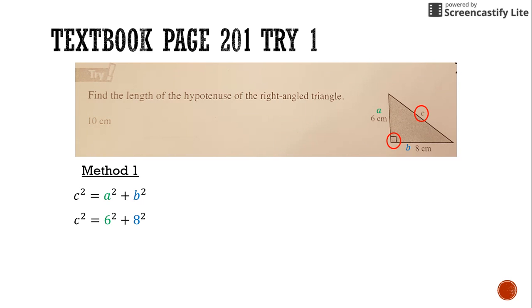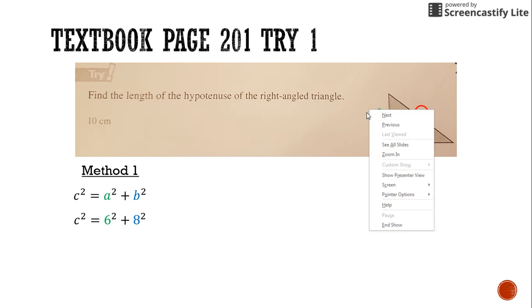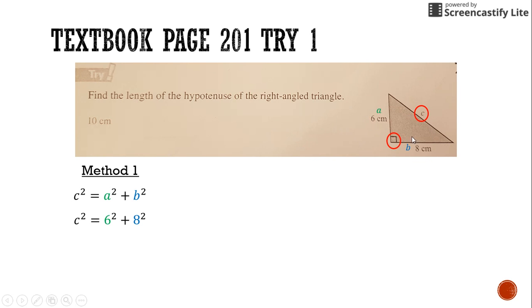Just substituting the values, where a is 6 and b is 8, so 6 squared plus 8 squared. Please type exactly into your calculator 6 squared plus 8 squared. Let's not try to do any mental sums here. We can use the calculator to help us, and we will get 100.